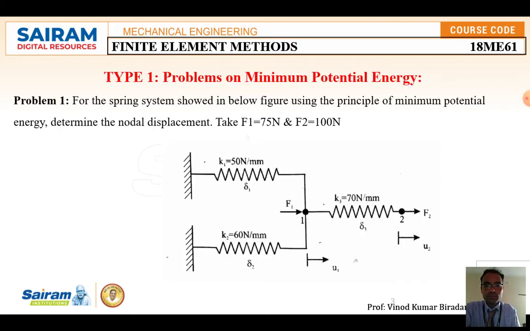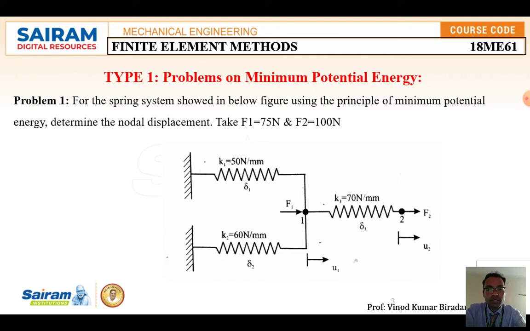Before reading this question, let me recall once again what potential energy is. Potential energy, denoted by capital pi, is the sum of strain energy plus work potential; we have to remember this equation.